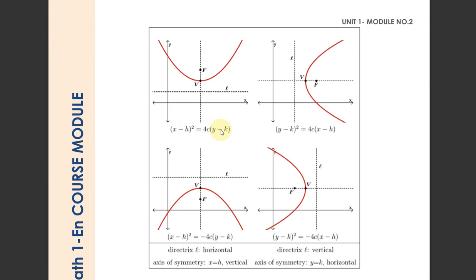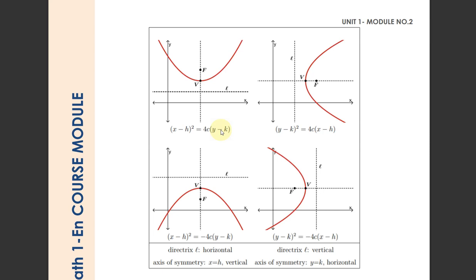For your parabola facing downward, you have x minus h squared is equal to negative 4c times y minus k. So the difference is that it is negative if it is facing downward, while if it is facing upward, it is positive 4c. If your parabola is facing to your right, then the formula will be y minus k squared is equal to 4c times x minus h.